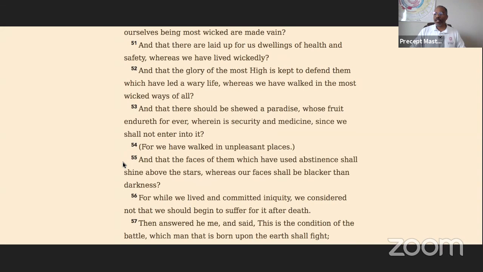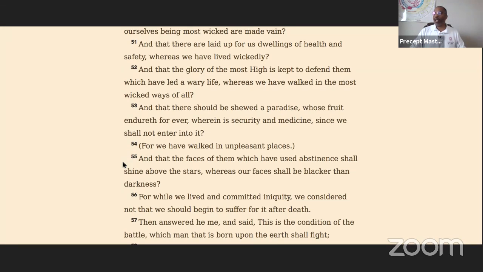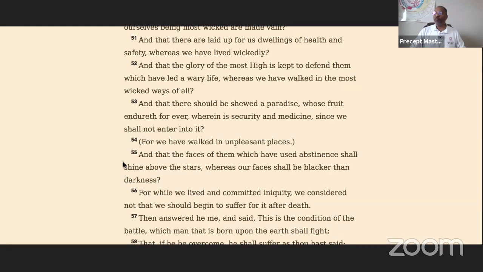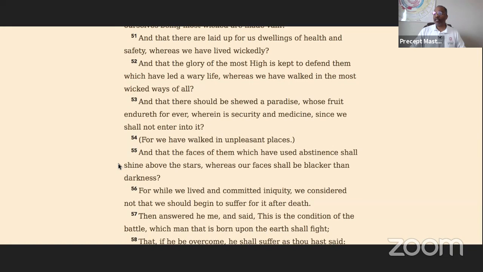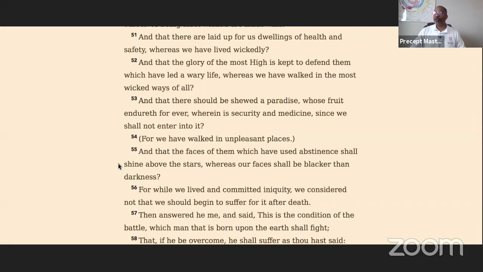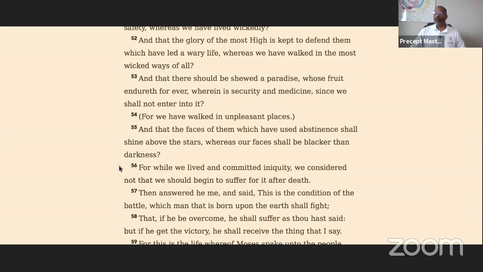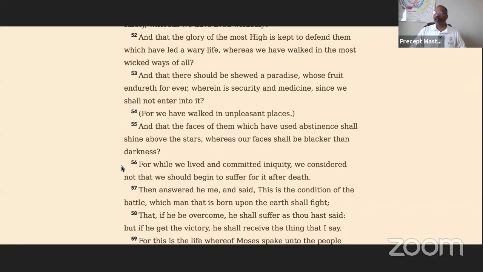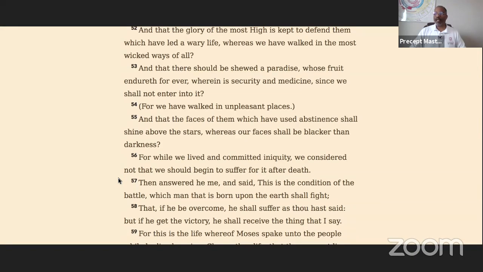And we have faced them which have used abstinence shall shine above the stars, whereas our faces shall be blacker than darkness. For while we live and commit iniquity, we consider not that we should begin to suffer after death.